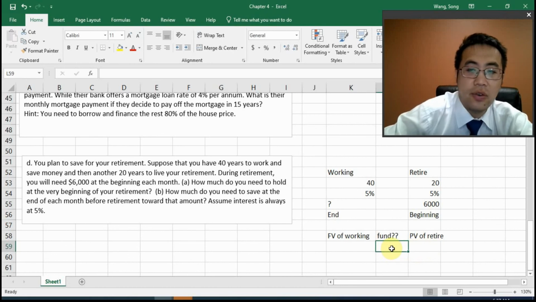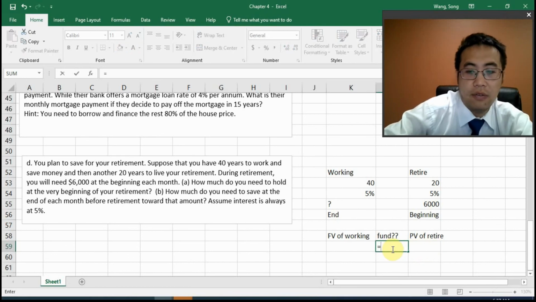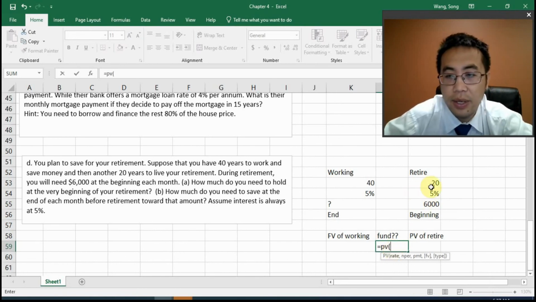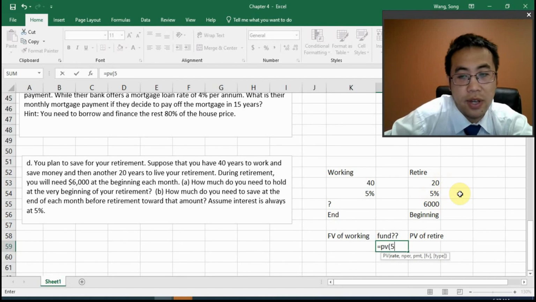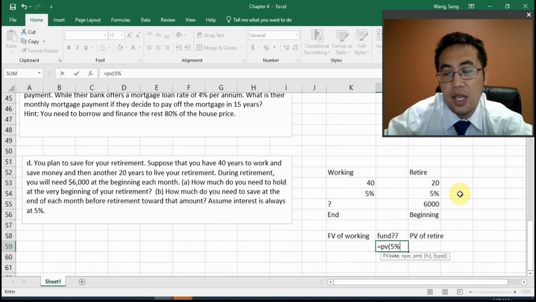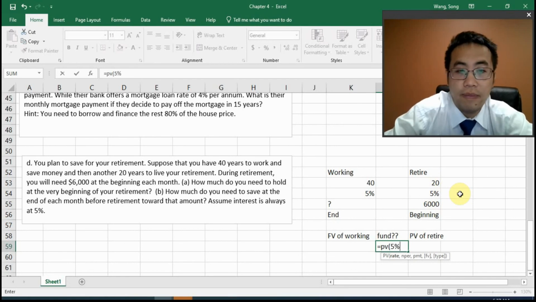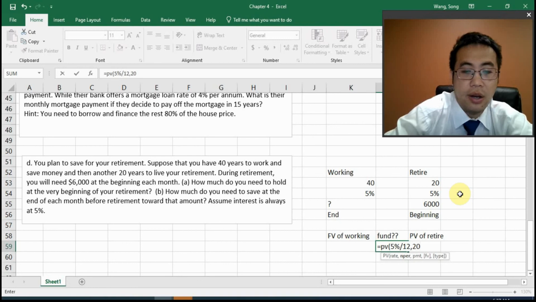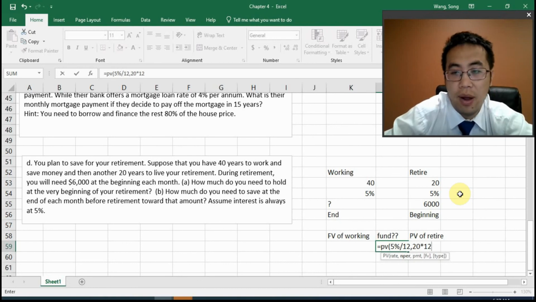And how do I solve for this one? It is the present value of the retirement. I got all the information needed here. So the interest rate is 5%. Since the payment is on a monthly basis, I will divide the 5% by 12. And I have 20 years multiplied by 12. This will give me 240 months.